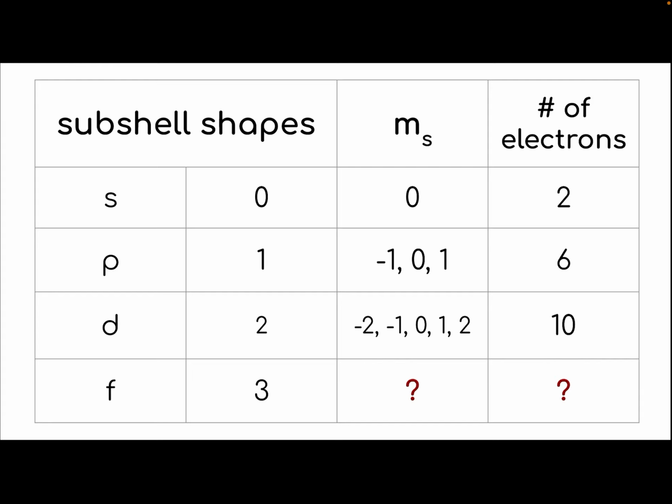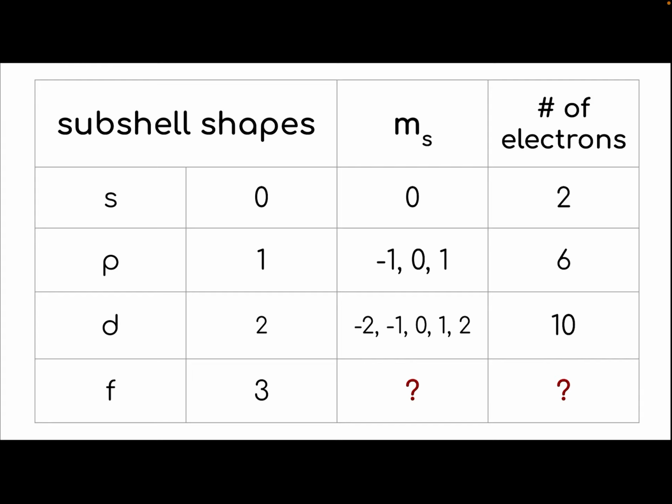So, let's talk about the magnetic numbers. Alamin natin ilan kaya ang orientation sa bawat shape at ilan ang kaya niyang hawakang electrons. This is very important in order for you to understand about electron configuration. Okay?